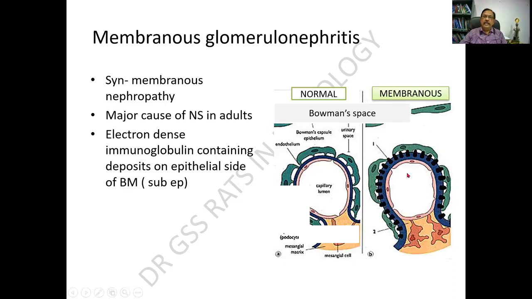Whereas in this, I find it is a case of membranous nephropathy, and I find that the epithelial cell has beneath it spikes of deposits of immunoglobulin. So it is described as subepithelial deposits of immunoglobulin in the basement membrane. And this is the mesangium incidentally.